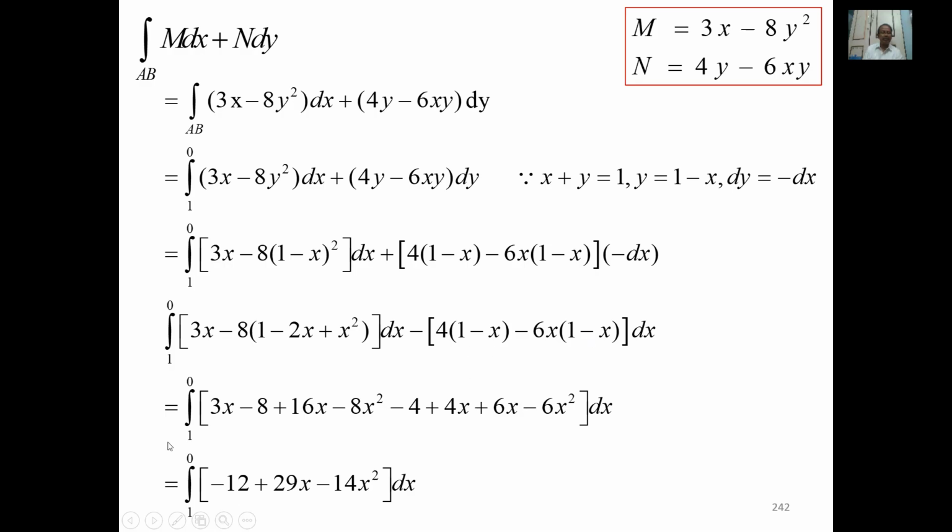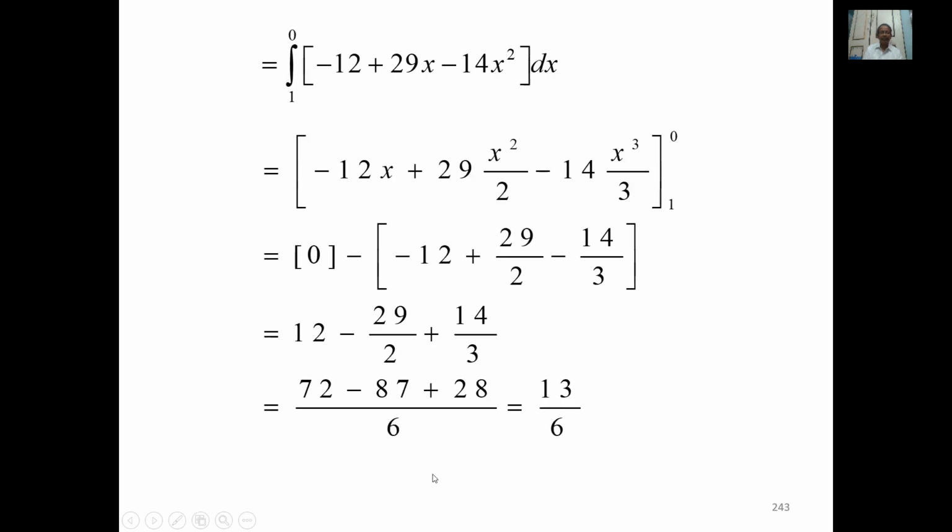So now minus 8 minus 4 will give us minus 12. 3x plus 16x plus 4x plus 6x, that will give us 29x. And we have minus 8x squared minus 6x squared, which will give us minus 14x squared. I have written the same thing. Now integrating with respect to x, that will give us minus 12x plus 29x squared by 2 minus 14x cubed by 3.